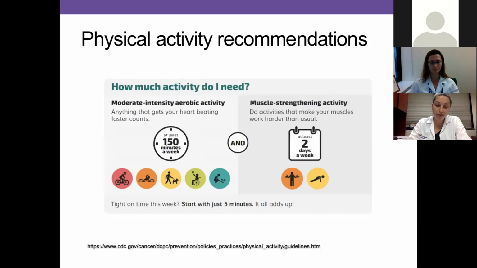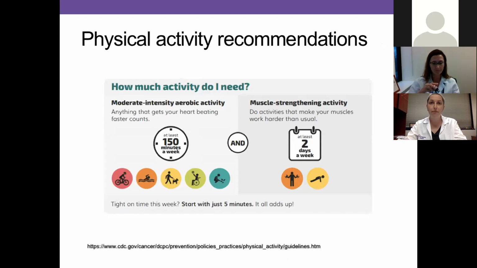So when talking about obesity, the next logical step is to talk about diet and exercise. This is another graphic from the CDC website that goes over the recommended physical activity needed. They recommend 2 hours and 30 minutes, or 150 minutes, a week of moderate intensity aerobic activity.